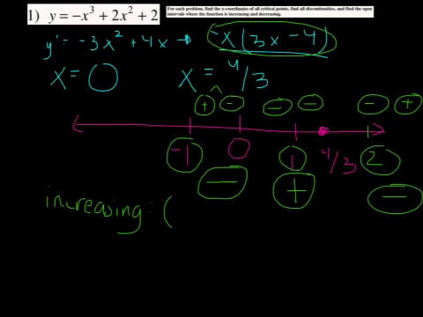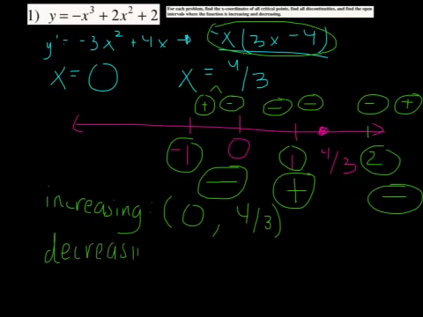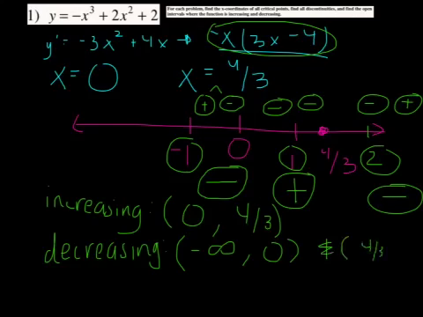Increasing is the positives, so it's increasing at 0 to 4/3. And it's decreasing at the intervals negative infinity to 0 and 4/3 to positive infinity. So that's how you figure out for those.